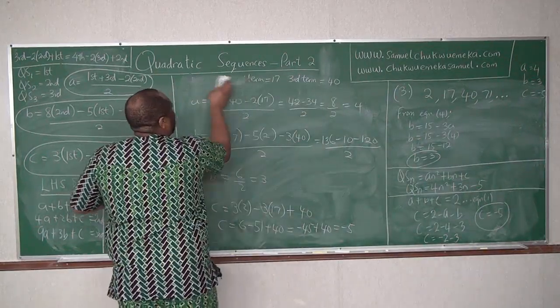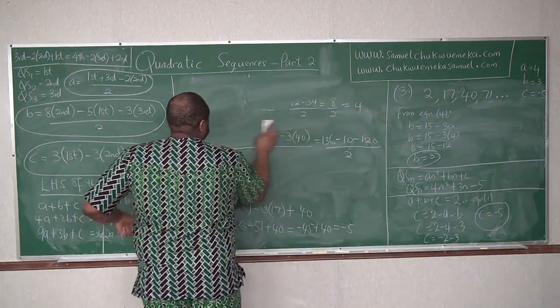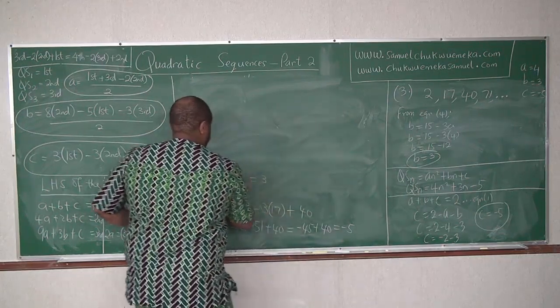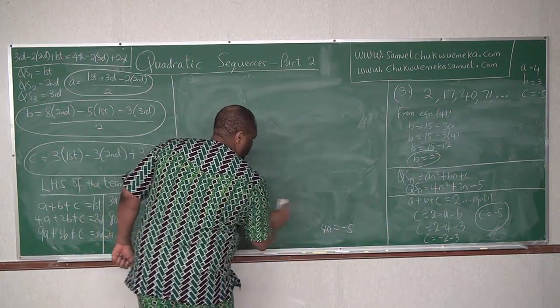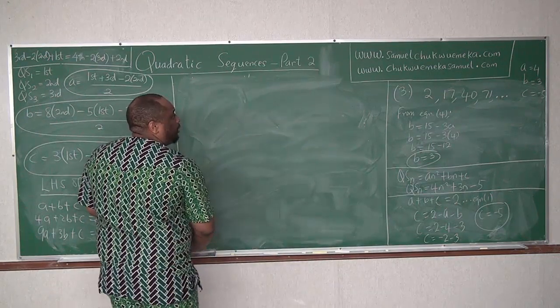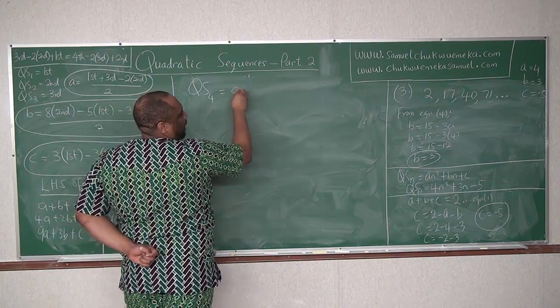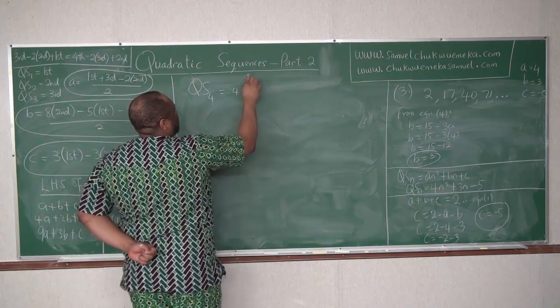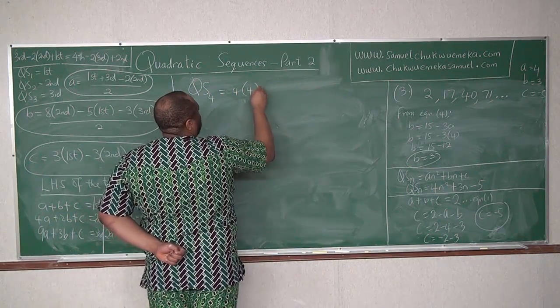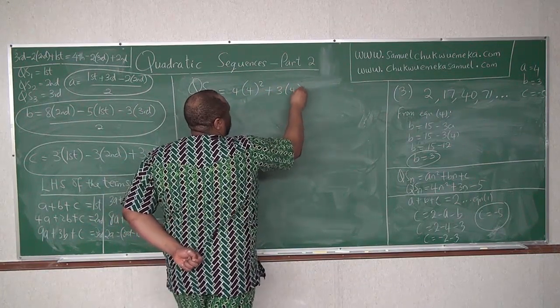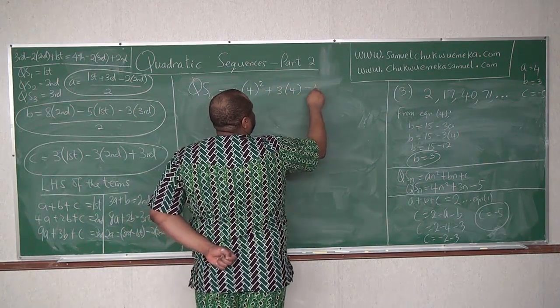Okay, so if we do that, QS4 is 4 times 4 squared plus 3 times 4 minus 5.